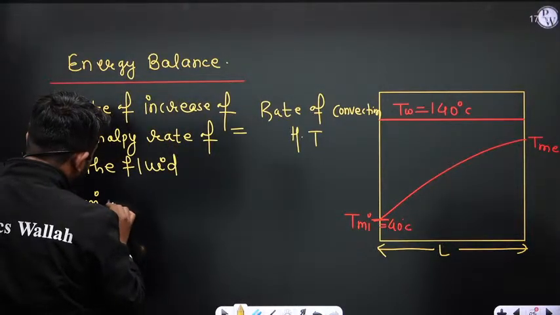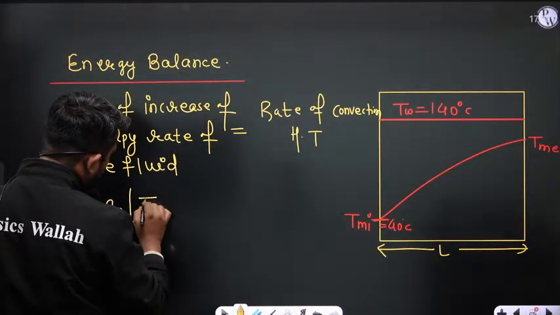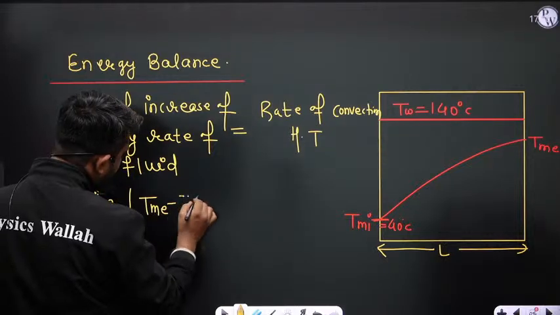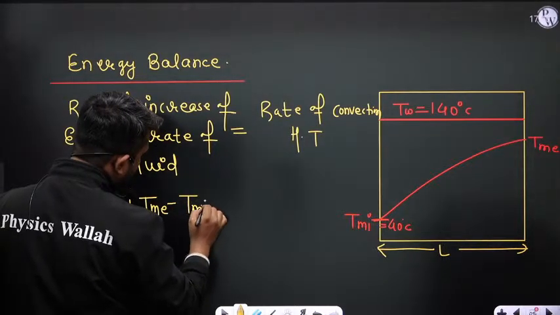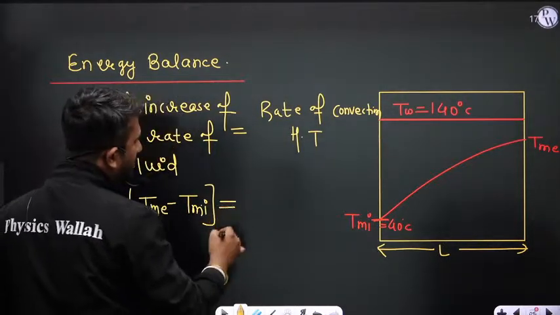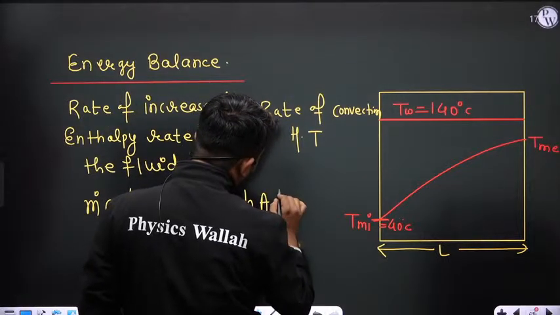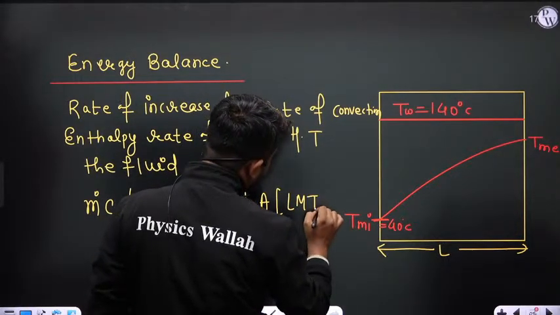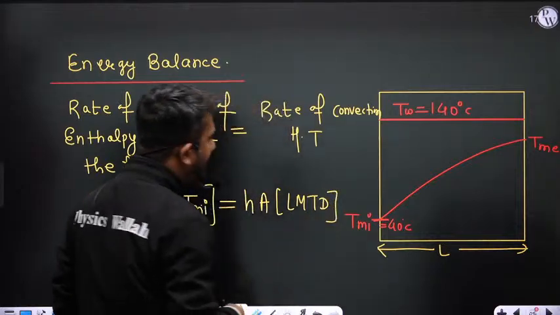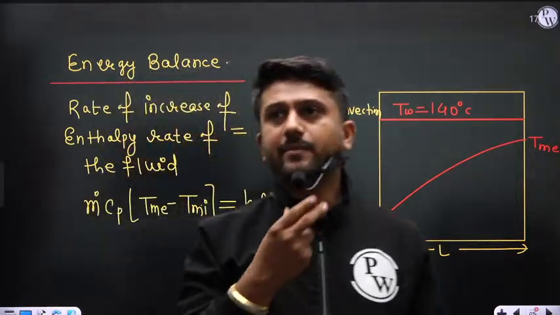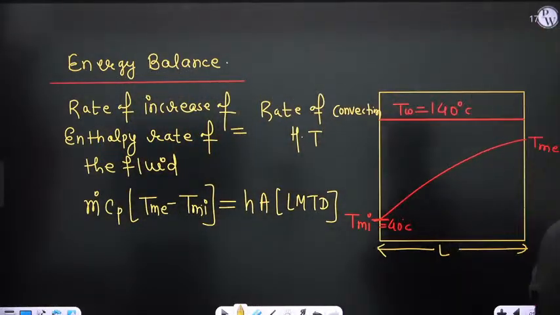So you can say this is m dot Cp times Tme minus Tmi, and this is equal to h into A into the temperature difference, which is the LMTD, logarithmic mean temperature difference.